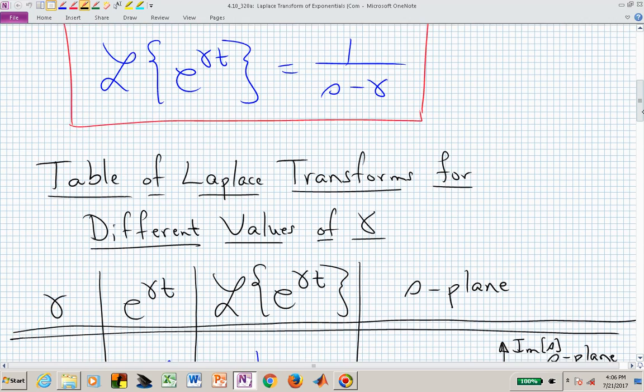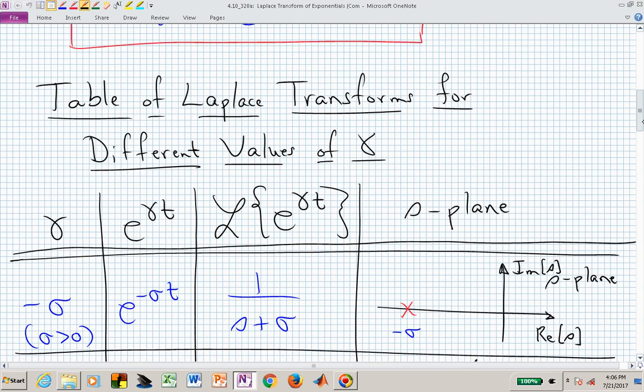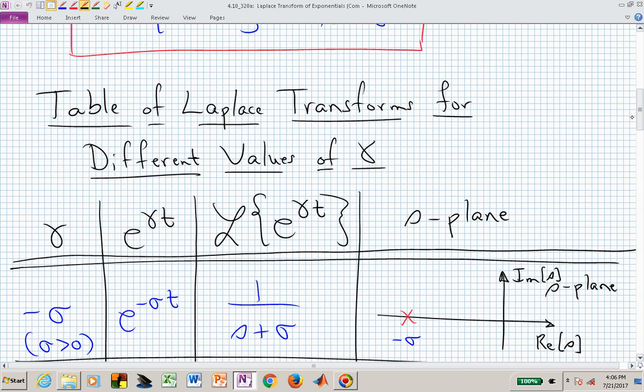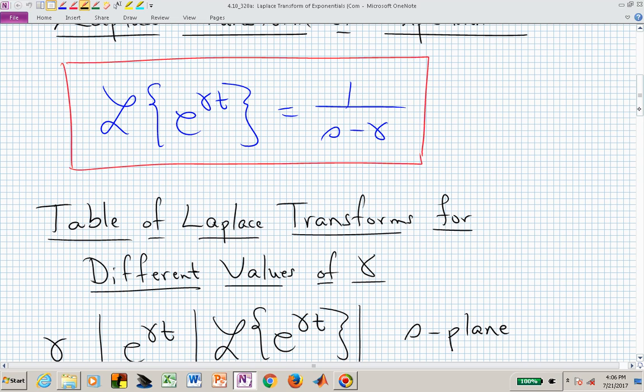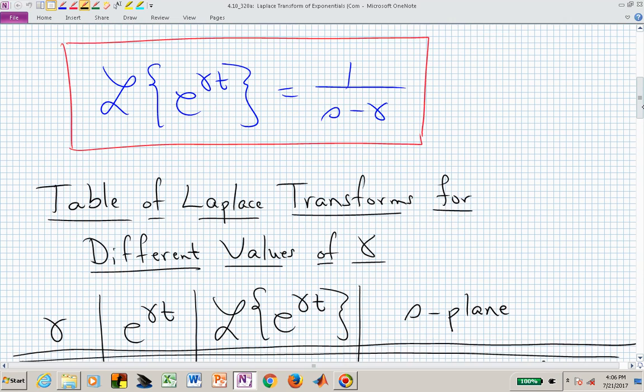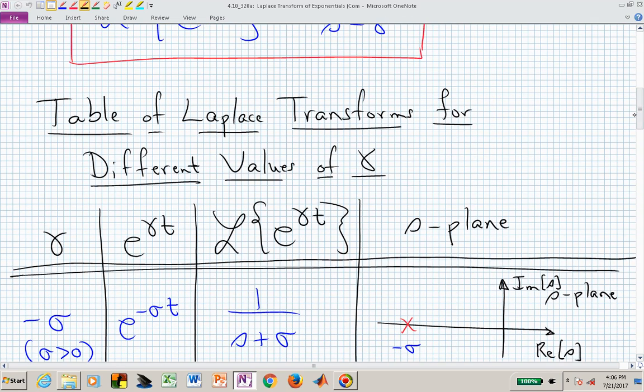If we replace gamma now with different values of sigma, suppose we let gamma be a negative number, then we have a decaying exponential in the time domain, and in the frequency domain that gives us this transform expression 1 over s plus sigma.